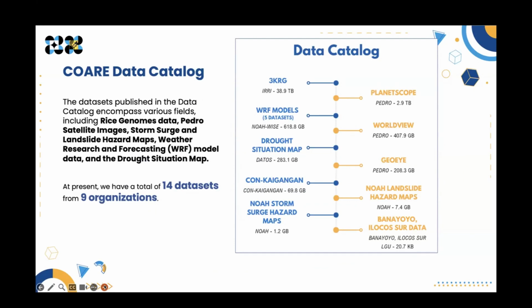So at present, we have a total of 14 data sets, still very small. And these are from 9 organizations. So on the figure on the right, you can see the data sets that we host.